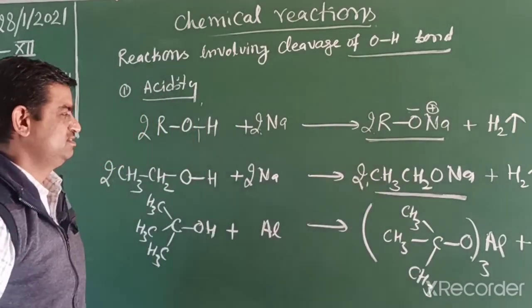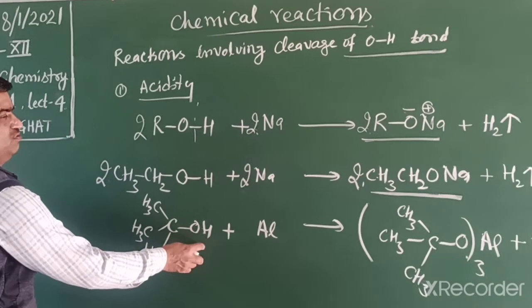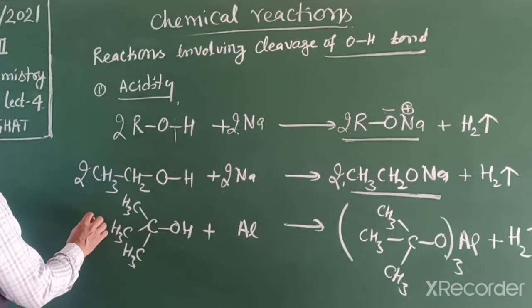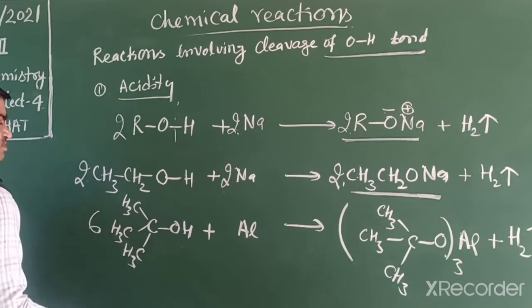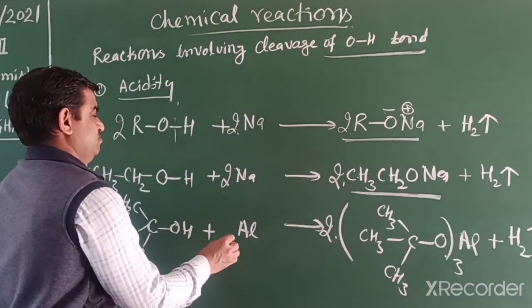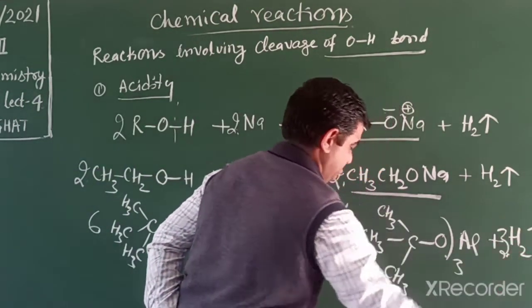If we balance, then we need 3 moles of hydrogen. So 2 hydrogen, so we have to apply the opposite direction: 6 and then 2 aluminum, 3 moles of hydrogen gas.